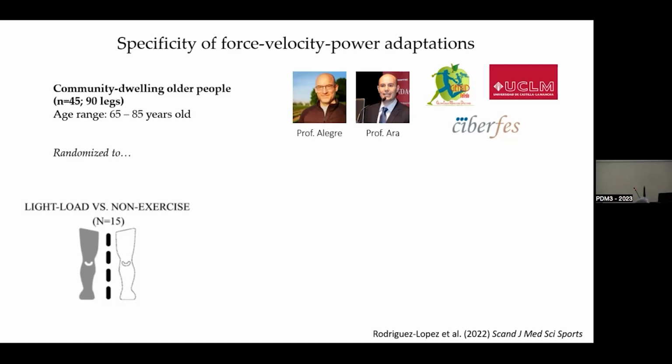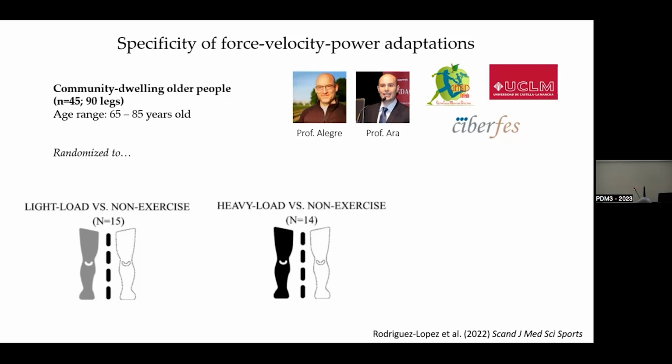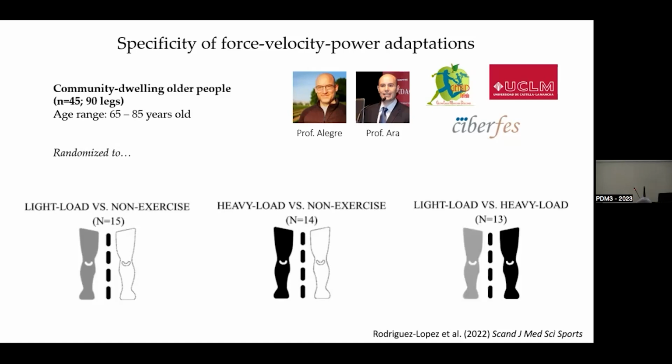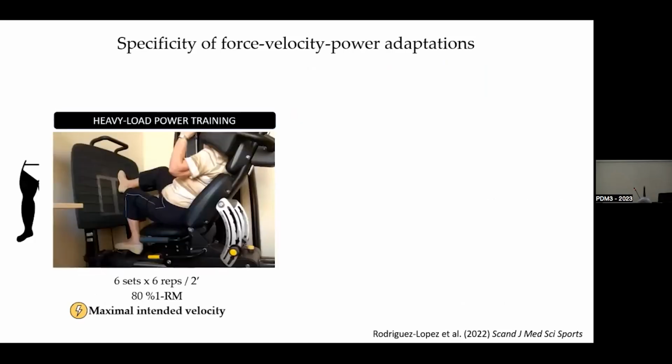Some of them trained one leg with light load versus non-exercise. Others trained heavy load with one leg and the other leg no exercise. And finally, others trained light load with one leg and heavy load with the other leg.